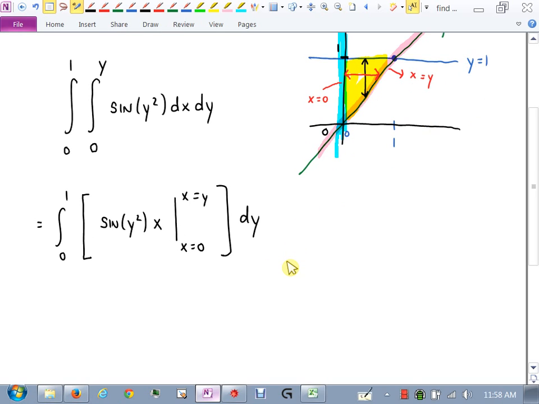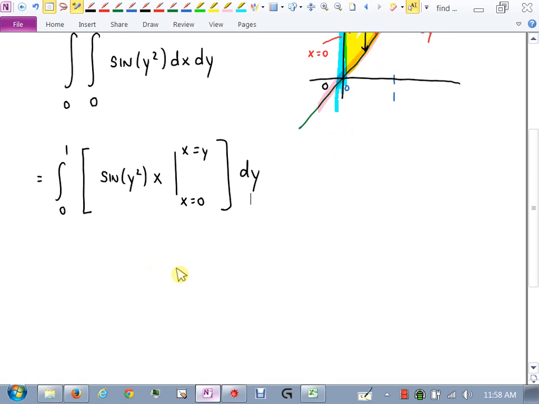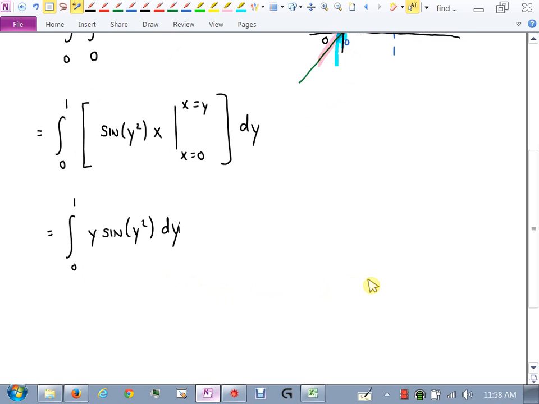Do you all follow that? Yeah? Replacing x with y, you get y times sine y squared. Replacing x with 0, you get 0. So this becomes integral 0 to 1 of sine y squared times y. I'm going to rewrite it as y sine y squared dy.